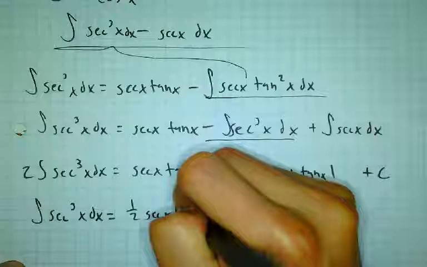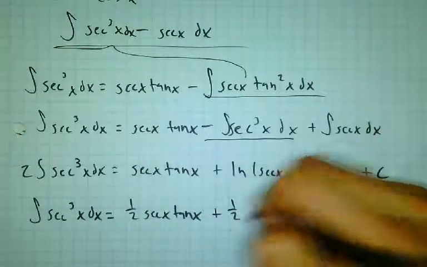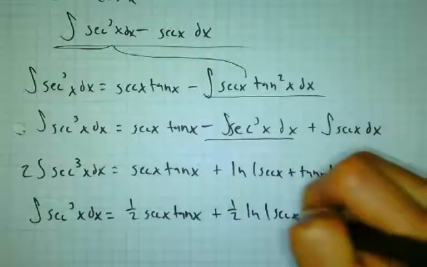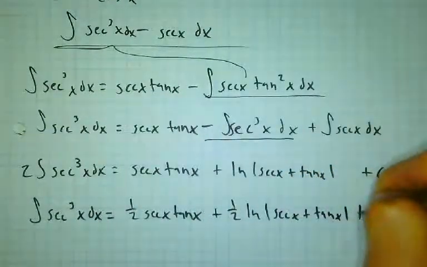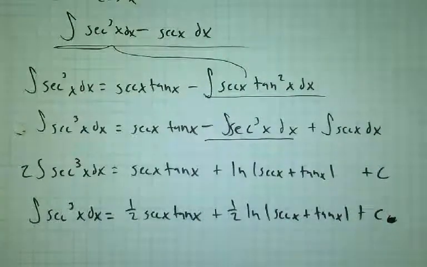One half secant x tangent x plus 1/2 ln of secant x plus tangent x plus c. There has to be a better way of doing this. I don't know. I mean, we got it, right? Does it make sense? I feel like there has to be an easier way.